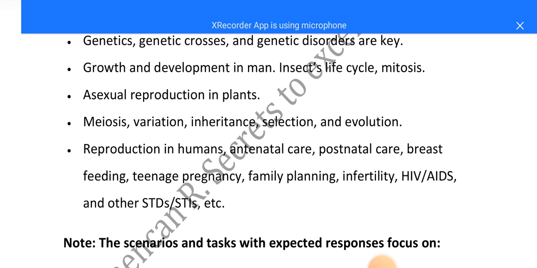We have very many areas like STDs or STIs and so on. Item 3 focuses only on those items given above. If you follow what I'm telling you and you read accordingly, just know you are going to excel in biology, especially for senior 4.